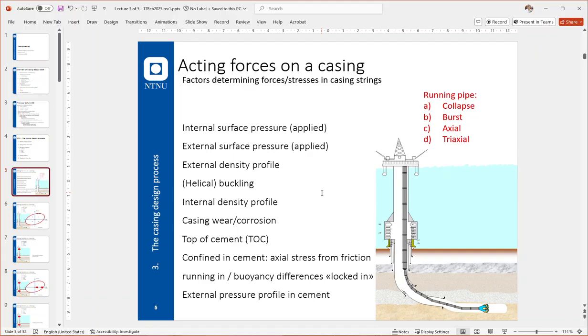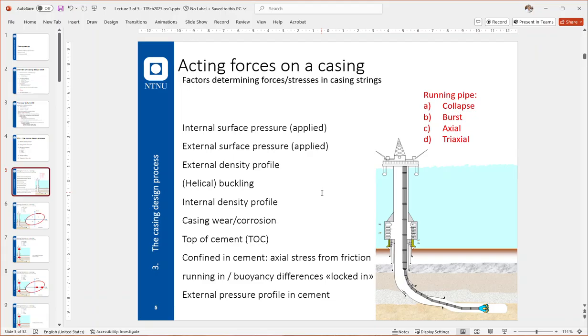And any cement, normal cement, 1.75 SGs, up to extreme cases of 2.0 SGs. So internal and external density profiles during cementing is quite common. And what follows, of course, would be some U-tubing effects while you are pumping cement.